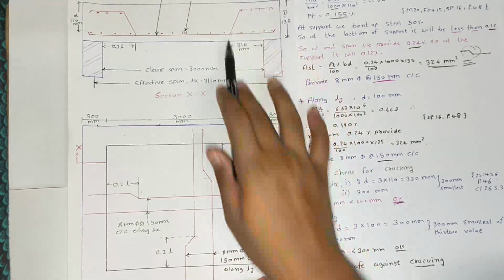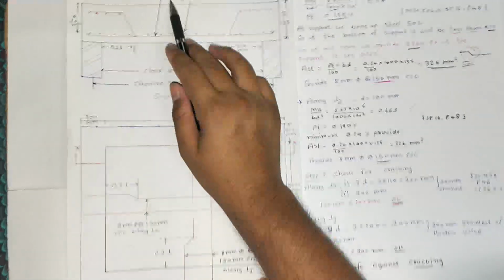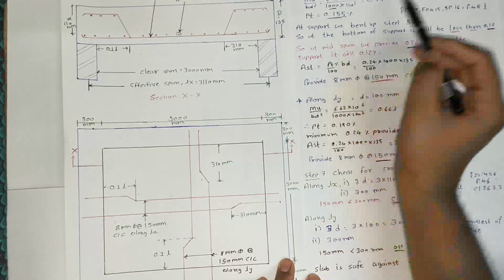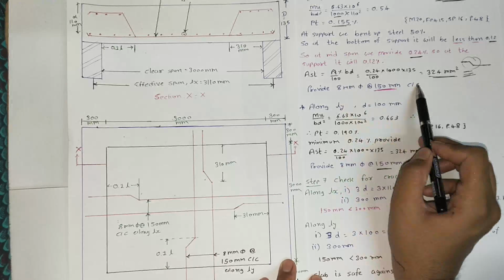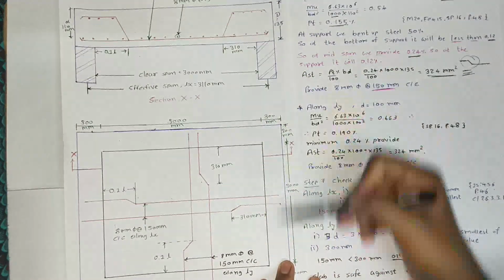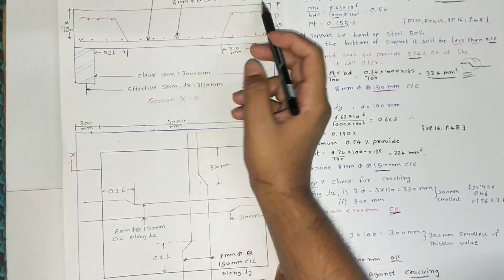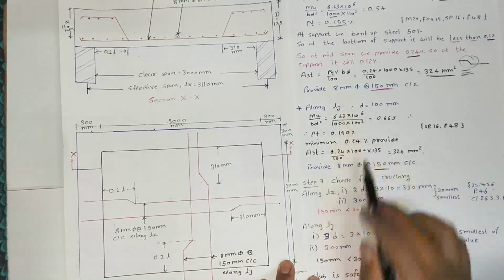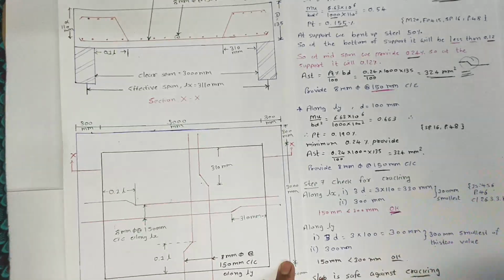In the same way this steel bends like this. This is 8 mm diameter at 150 mm center to center along LX. You can see along LX we provide 8 mm diameter at 150 mm center to center, and this is along LY direction. So we provide 8 mm diameter at 150 mm center to center. Also along LY, 8 mm diameter at 150 mm center to center.